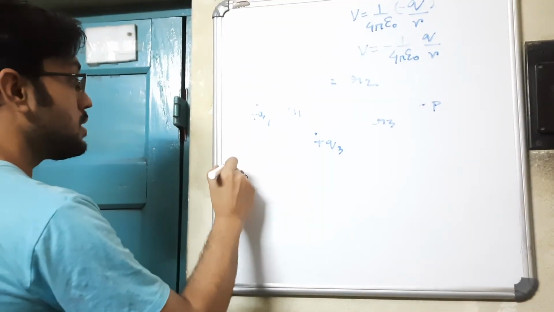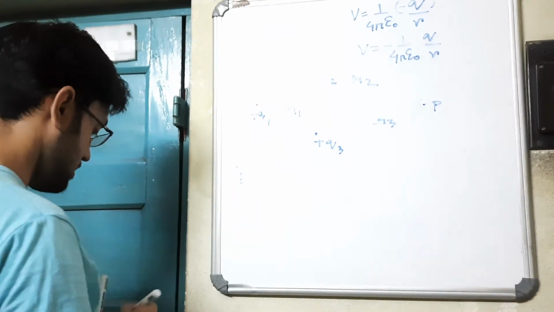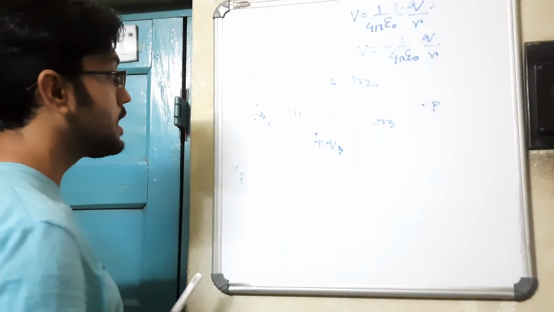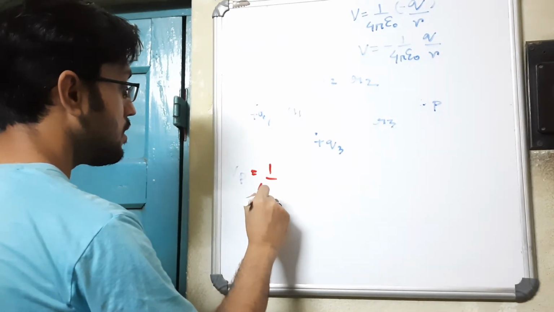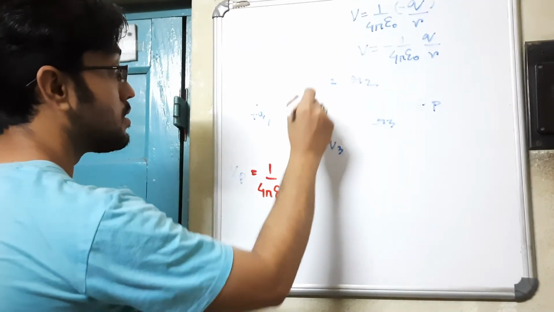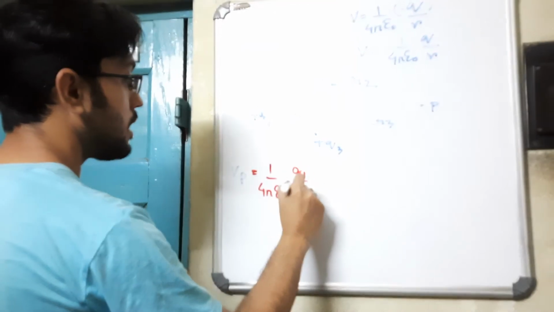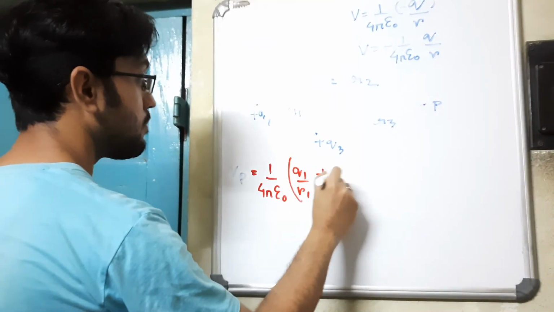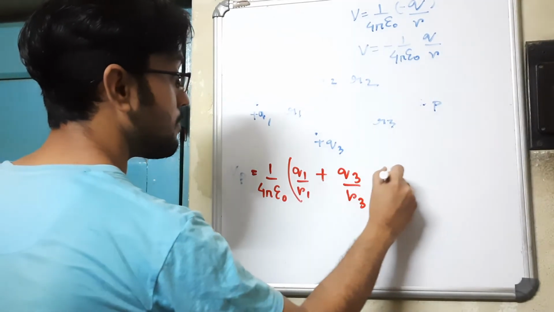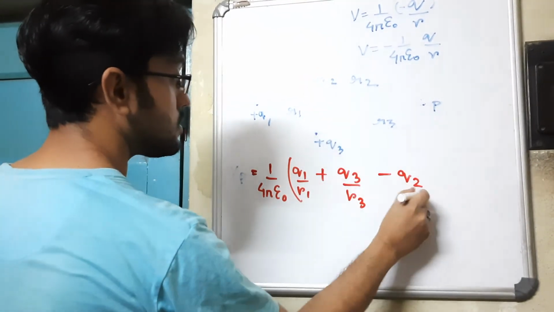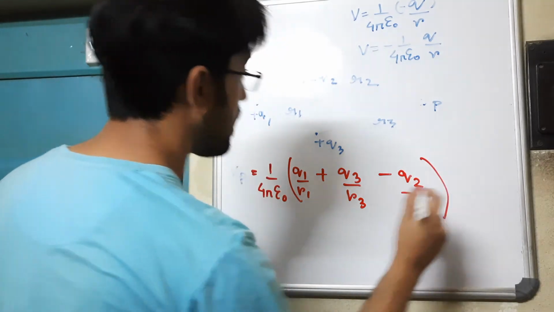Then the total potential at P is going to be 1 by 4 pi epsilon naught Q1 by R1 plus Q3 by R3 minus, because this is the negative charge, Q2 by R2.